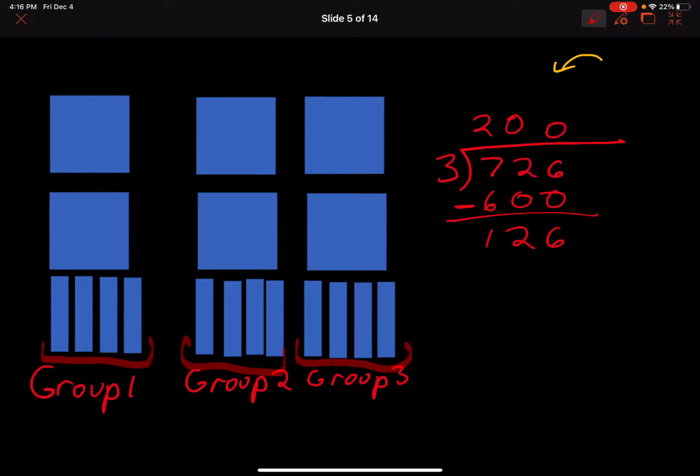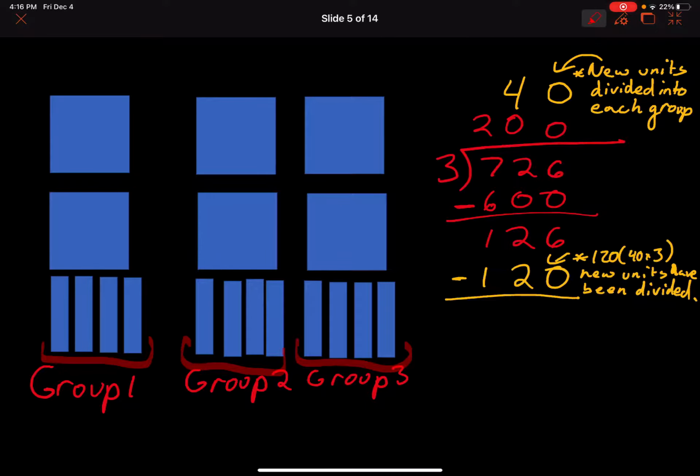So 40 in each group. So 40 times 3 is 120. So I have 120 new units that have been divided up. And then I have 6 units still needing to be divided.